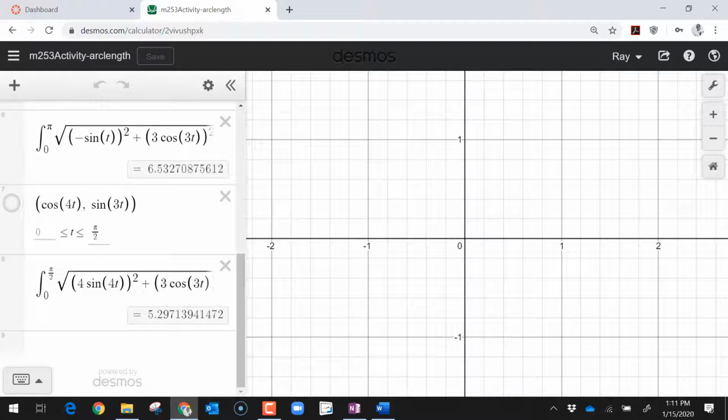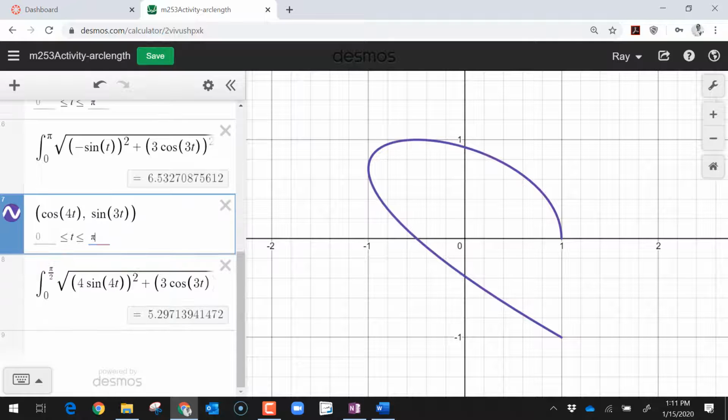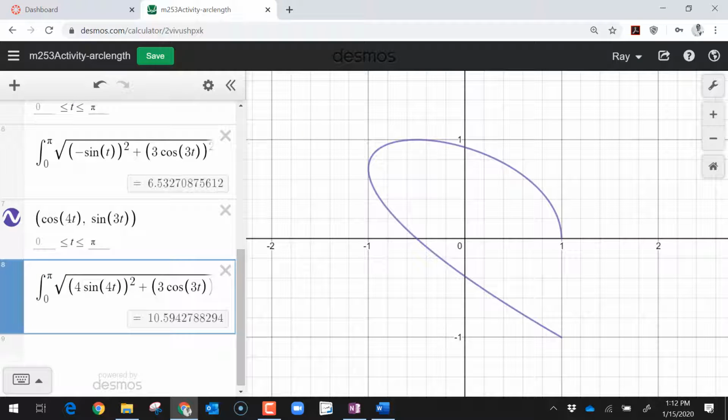Oh, I forgot to tell you, for this last group, it turns out that this curve, I was looking at this and said, okay, I'm going to integrate from 0 to pi, and I got 10 point something.